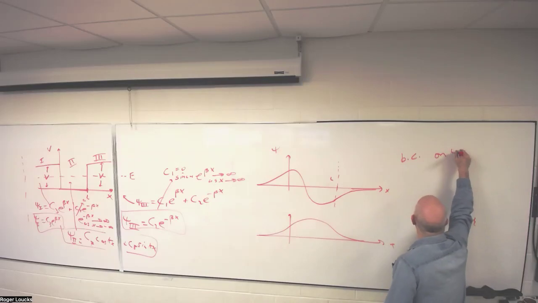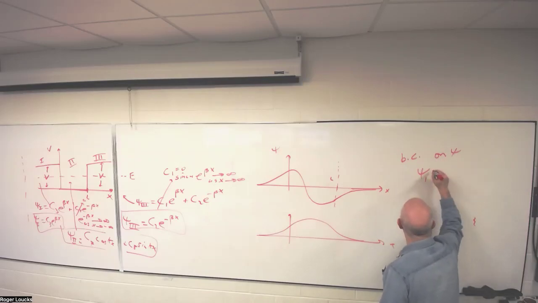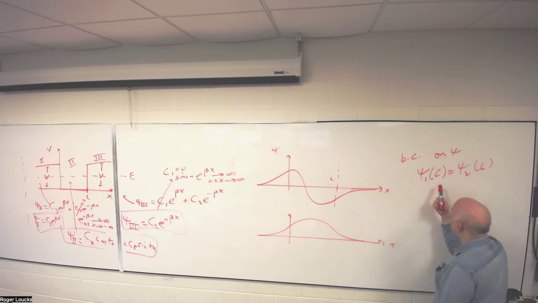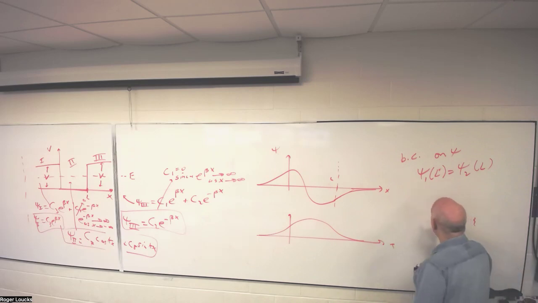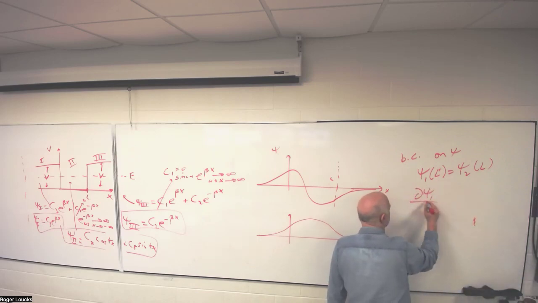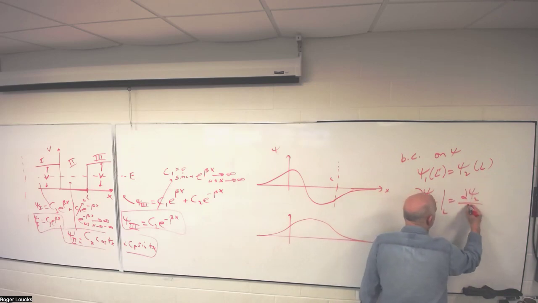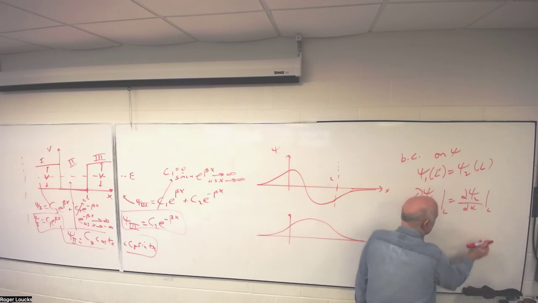One is that psi 1 at some value, I'll just say at L, equals psi 2 at L. The boundaries are occurring at L here. And the other one is that the derivative of psi 1 at L has to equal the derivative of psi 2 at that same plane.